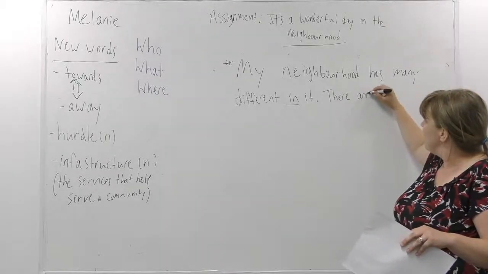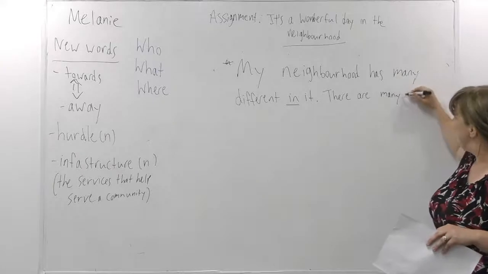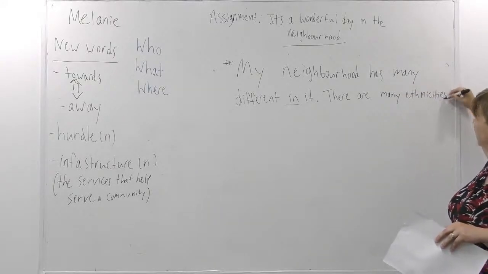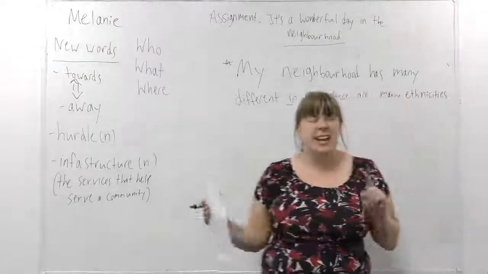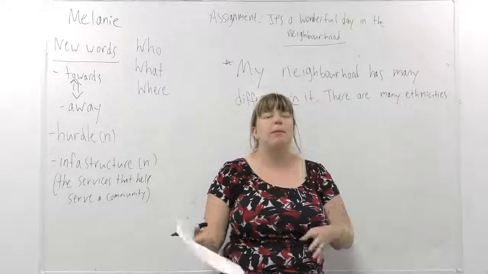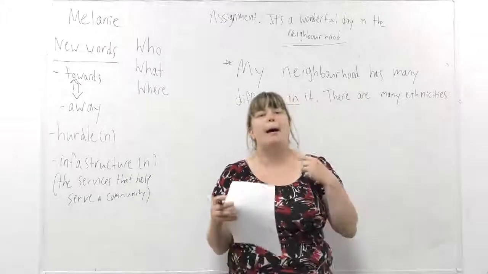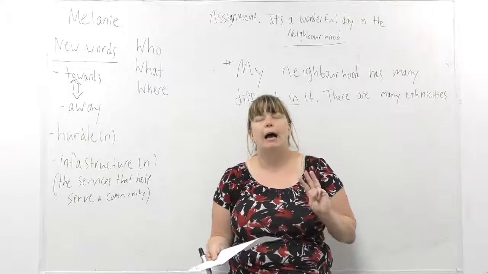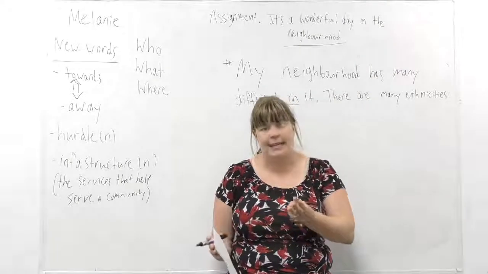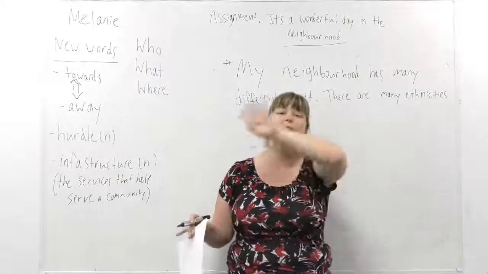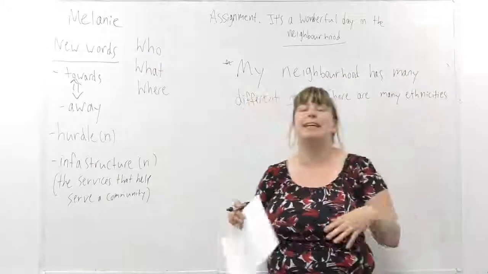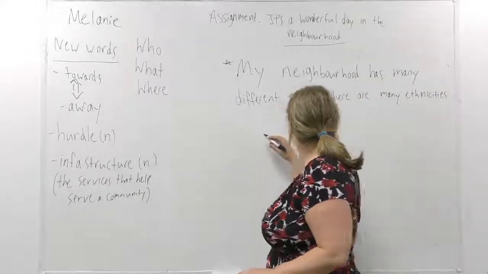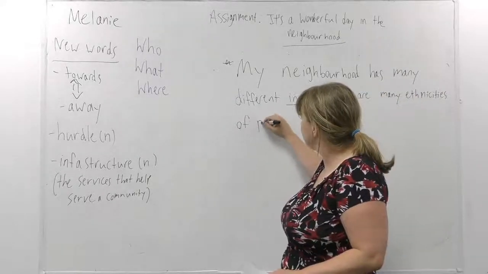There are many ethnicities. For example, there are Indo-Canadians, people from India, Afro-Canadians, so Black Canadians. We have some Korean Canadians and Chinese Canadians. We have many different ethnicities living in my neighborhood.